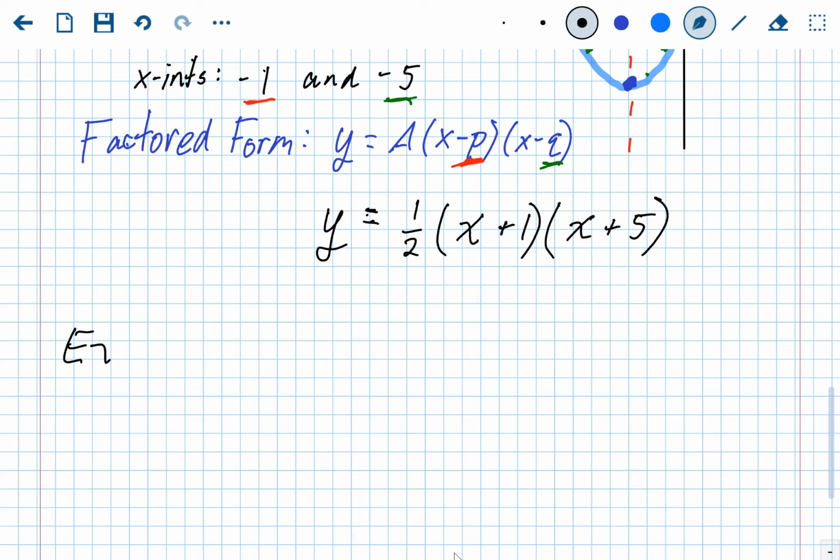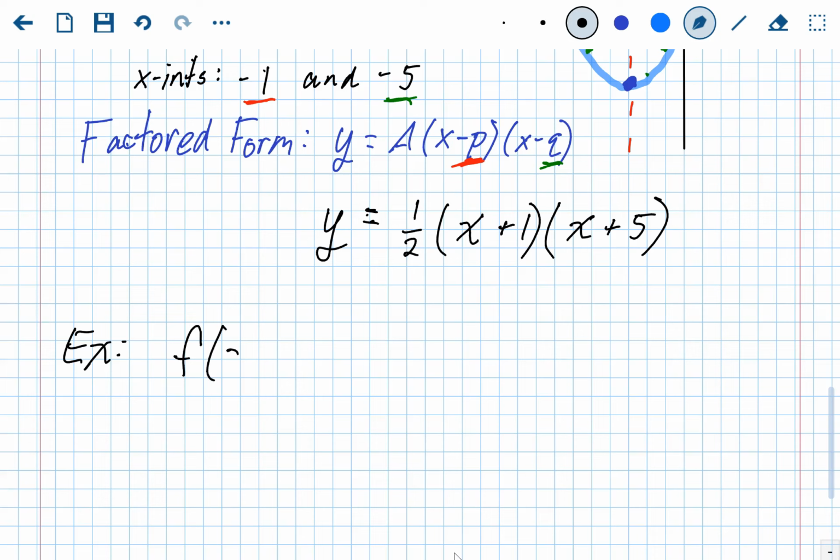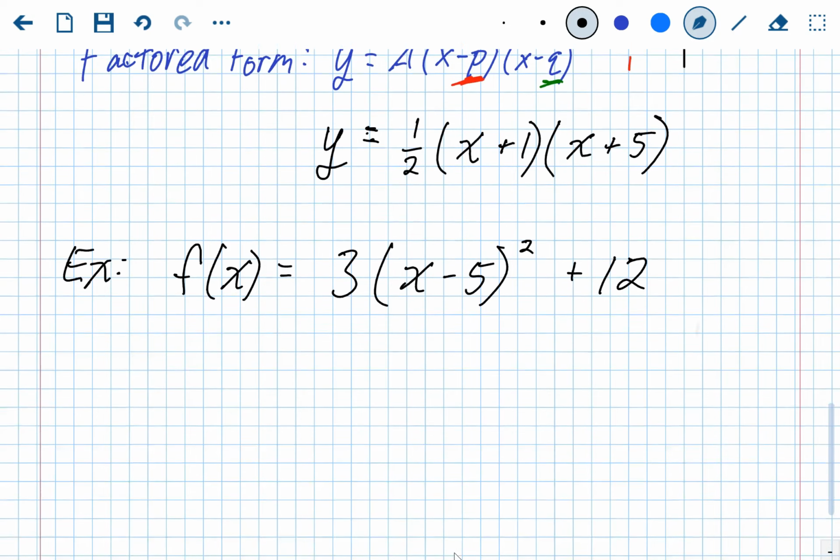All right, so in this one, say we have f of x equals 3 times (x minus 5) squared plus 12. And let's find everything.